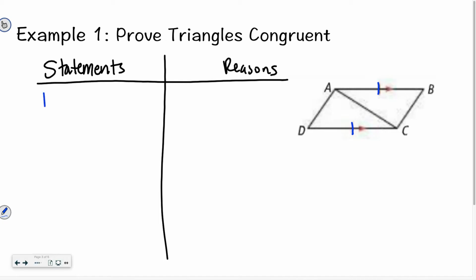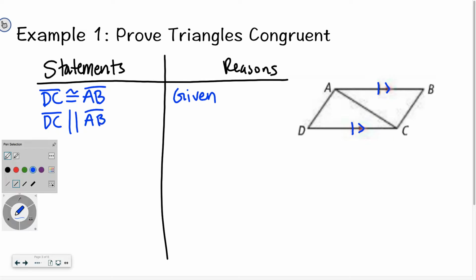So I'm going to say DC is congruent to segment AB. That is given. Another bit of information that is given is that little arrow that means that they are parallel. So I can say DC is also parallel to AB. So that's all given information.